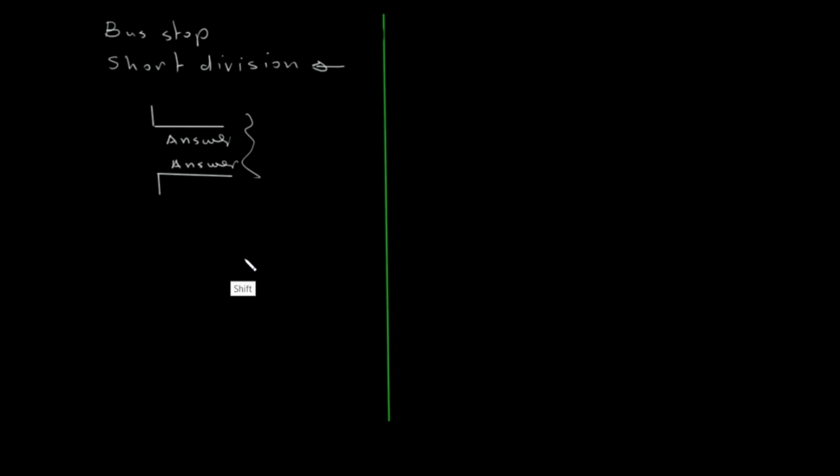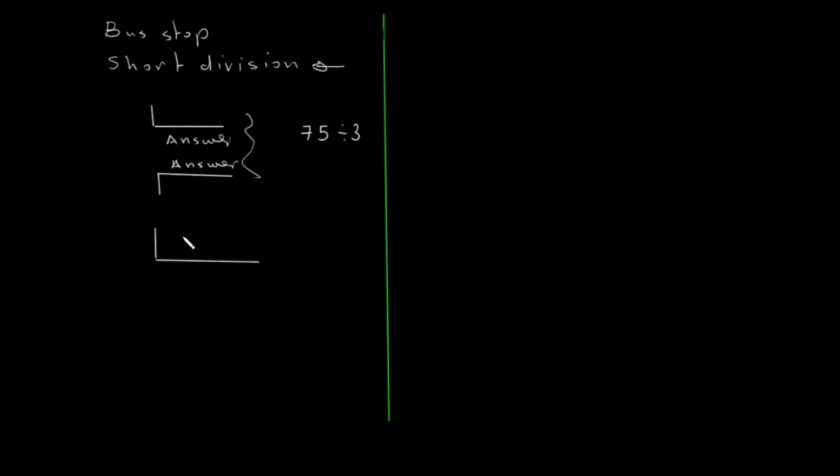I'm going to go this way, and the numbers I want to use are 75 divided by 3. Now if you already know this, watch it, because I'm going to be comparing it to long division, the method that traditionally was used.